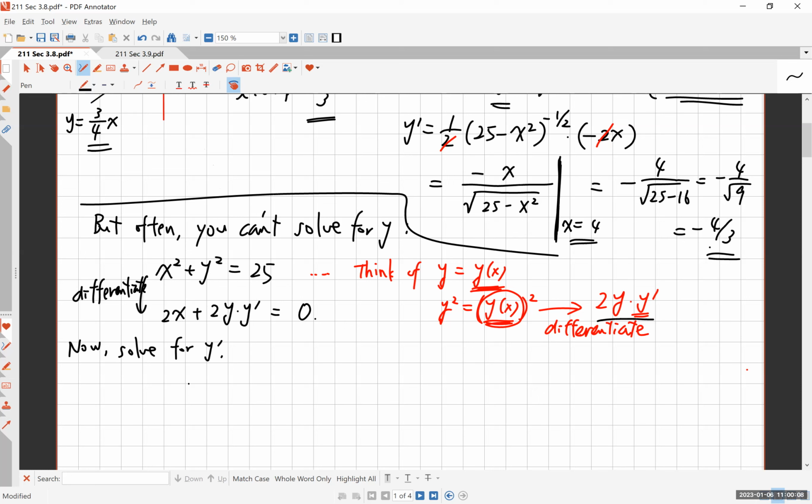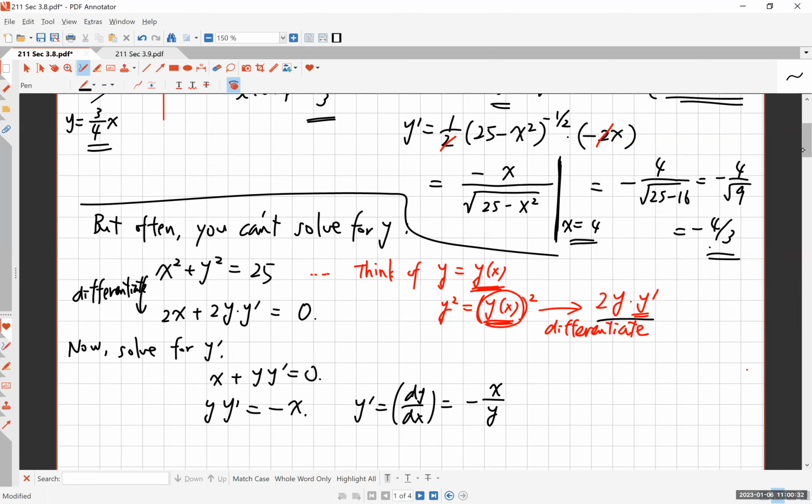First, let's divide everything by 2. So x plus y y prime is 0. y y prime is negative x, and therefore y prime, which by the way is the same thing as dy/dx, is equal to negative x over y. That's simple, right?